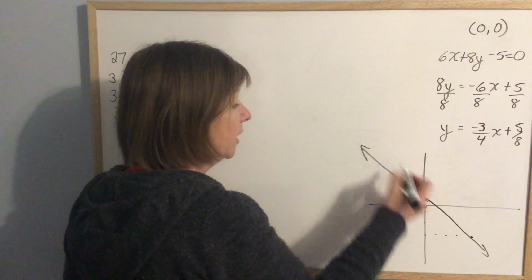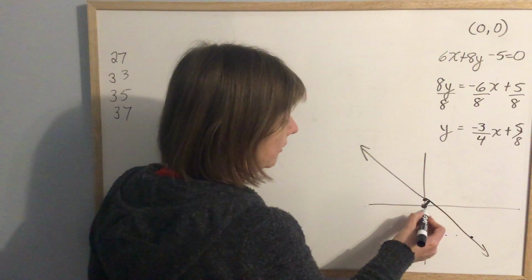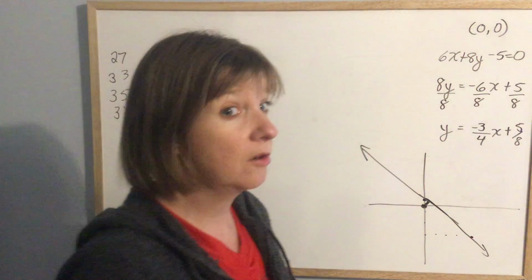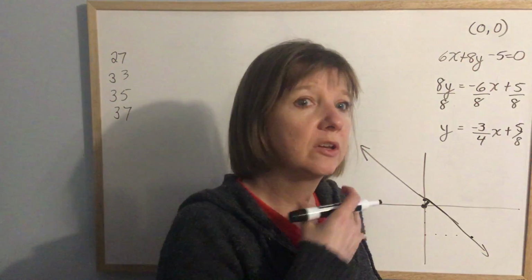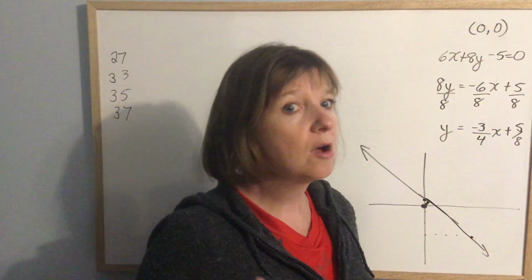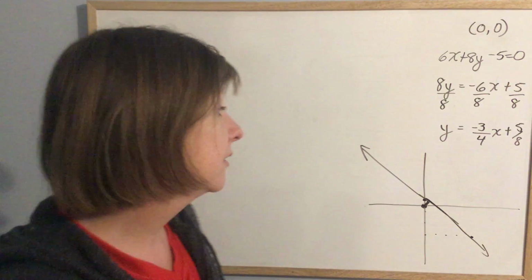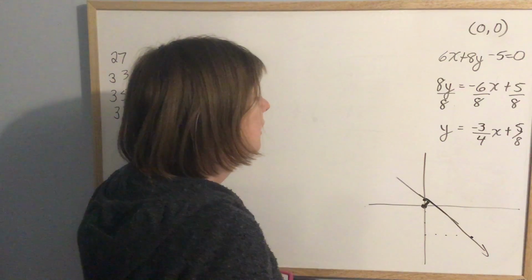When I draw this, what that tells me is the length between the point and this line is really, really short. So if I get an answer like 27, that's probably not right. It's going to be a very small answer based on my drawing, assuming I've done my drawing right. I think I have.